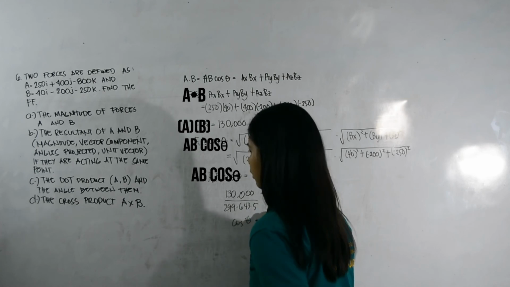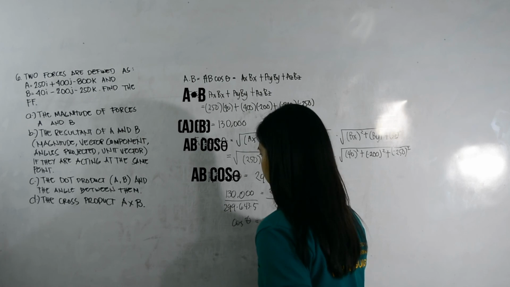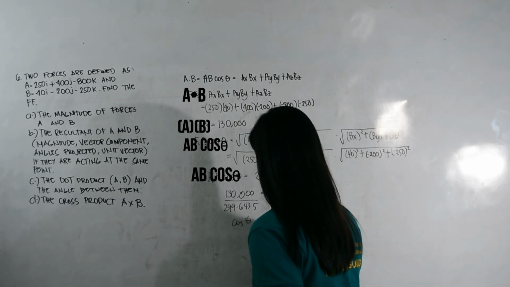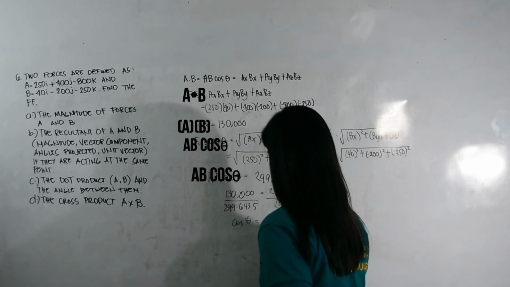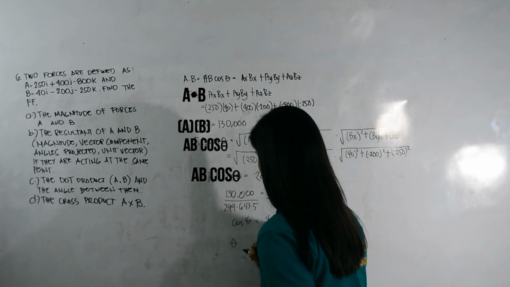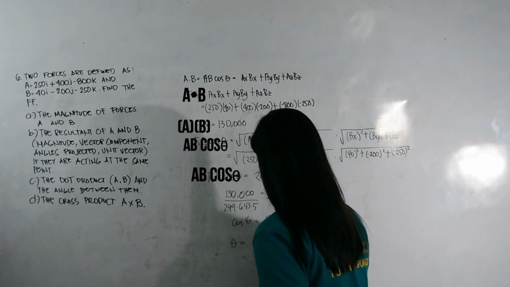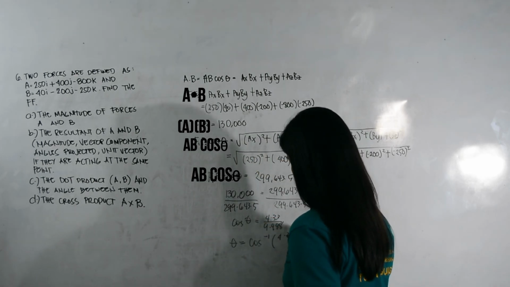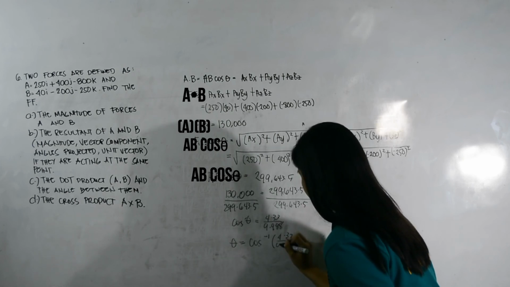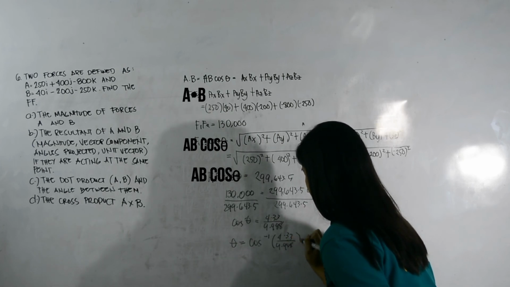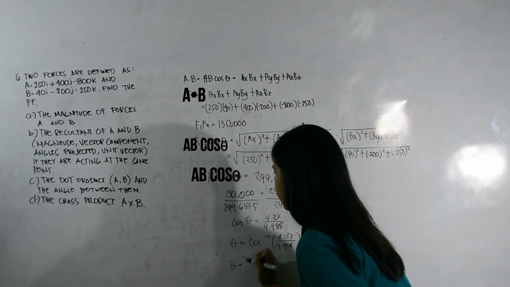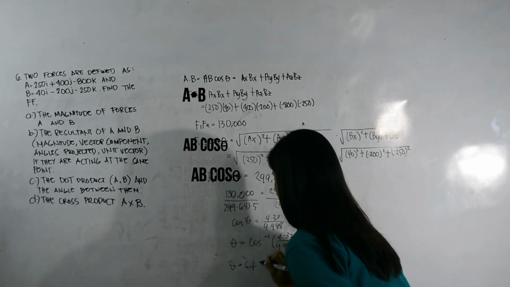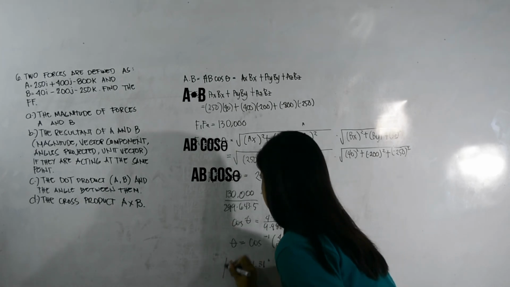Cosine theta will be 4.33 over 9.988. And our theta will be arc cosine of 4.33 over 9.988. Our theta now will be 64.31 degrees.